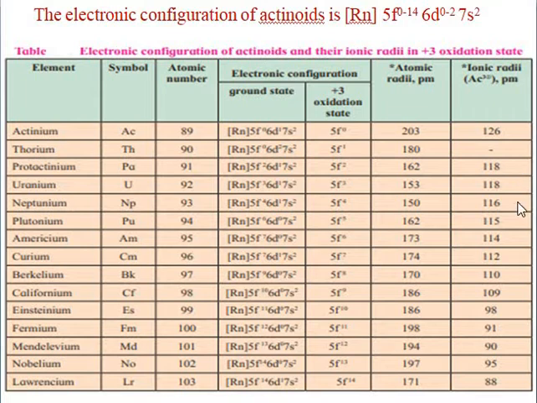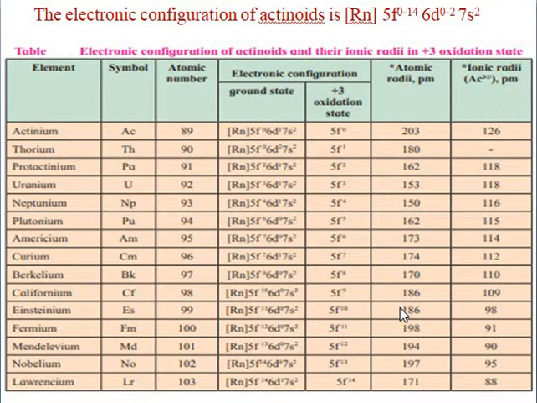Then there is the atomic and ionic radii. Atomic radii are higher as compared to their ionic radii. And this is the chart to represent the electron configuration of actinoids and their ionic and atomic radii in +3 oxidation states.